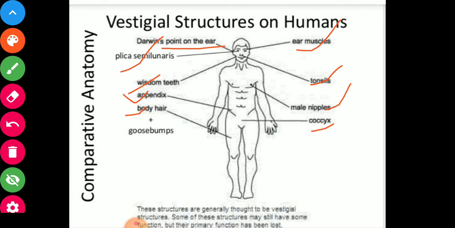So many structures we still have. Those are not in use, but they are present. It shows that in our ancestors, they were useful, but now because they are not functional, they are called vestigial organs.